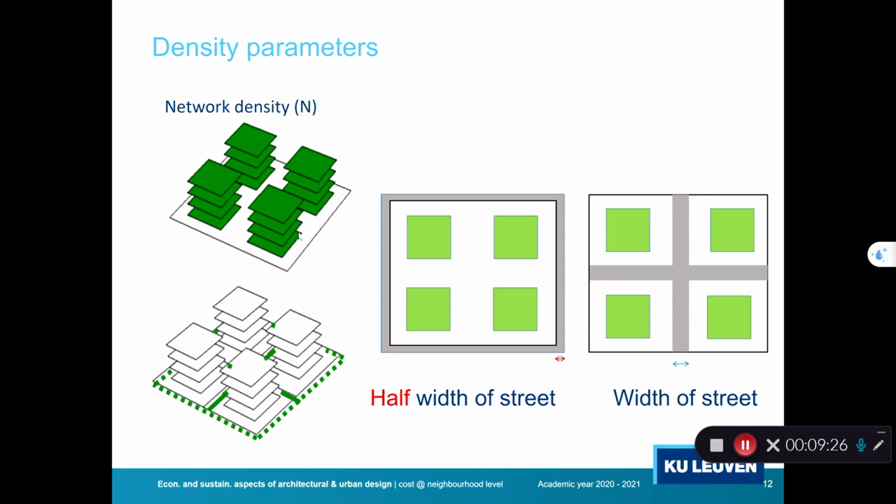So in length, we account for everything, but in surface, we count for half. Or we can also account for half of the length if we want to take into account the fact that it's a shared road between 2 neighborhoods. So that is a choice to be made depending on the goal of the study.